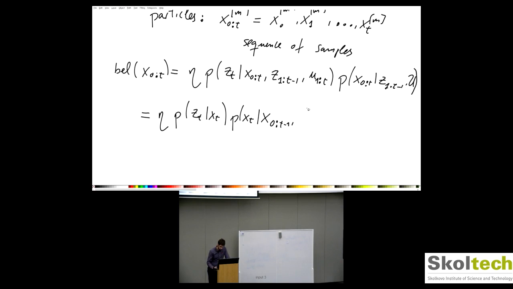I'm just going to write capital U to be all the u's from 1 to t. So what I'm doing is, here this is Markov. And here, no, actually this is the product rule.